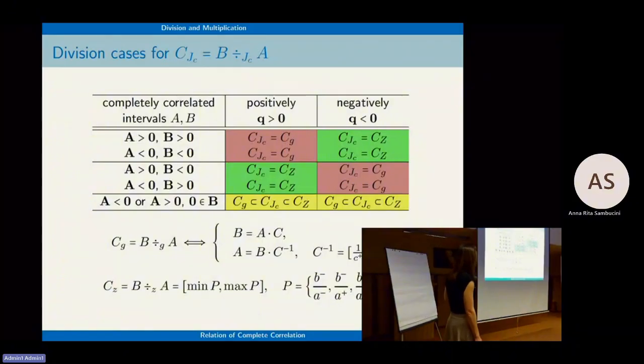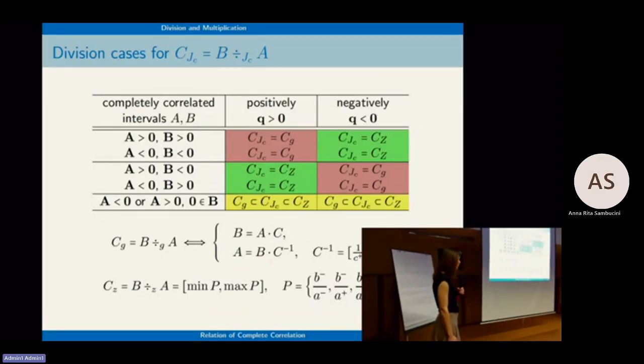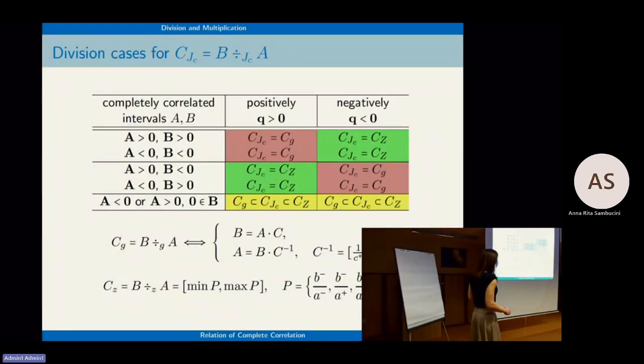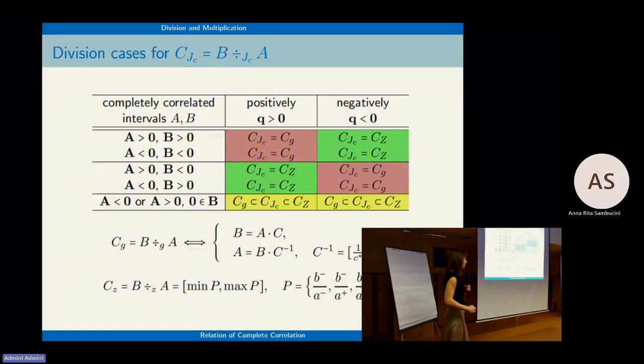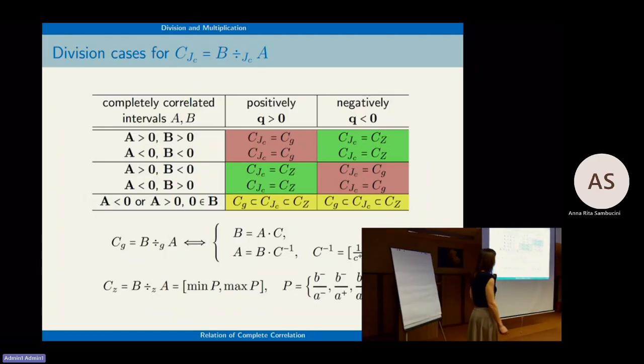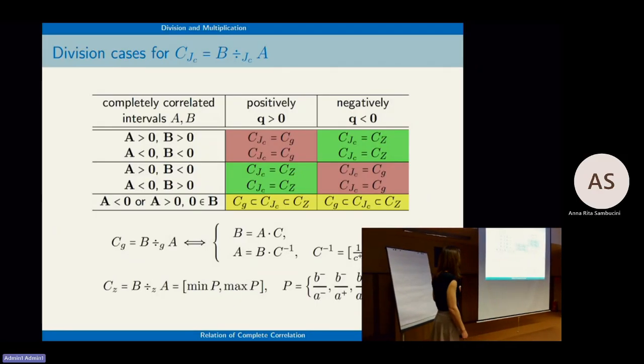Here in this table, I will show you how the result is influenced by these parameters, and I will explain it in comparison with two other divisions. The first is the generalized Fukuda division, or for short G division, which is defined in this way. It's similar to the Fukuda generalized subtraction.